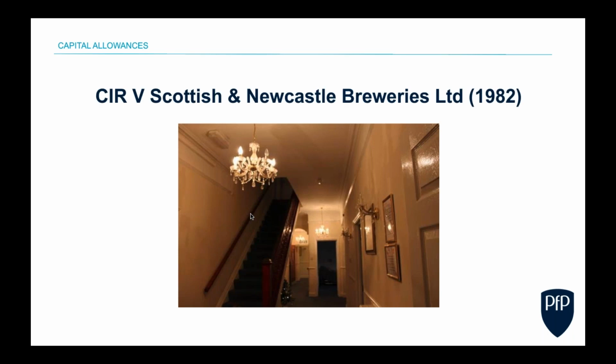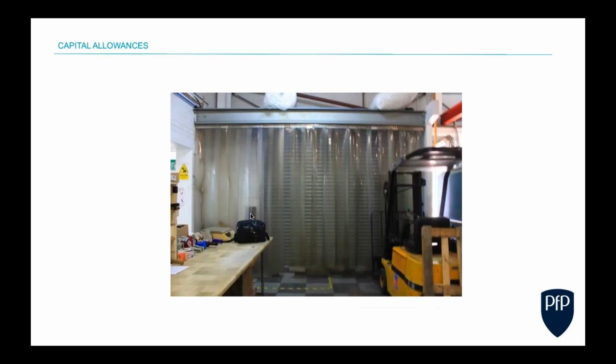So I suppose the bottom line is what is or isn't eligible for capital allowances can change on the industry type, the building itself, the micro location of the asset, just to mention a few parameters that have to be considered. So we'll just finish this section off before we move on. Here you can see a loading bay in an industrial unit that we surveyed many, many years ago.